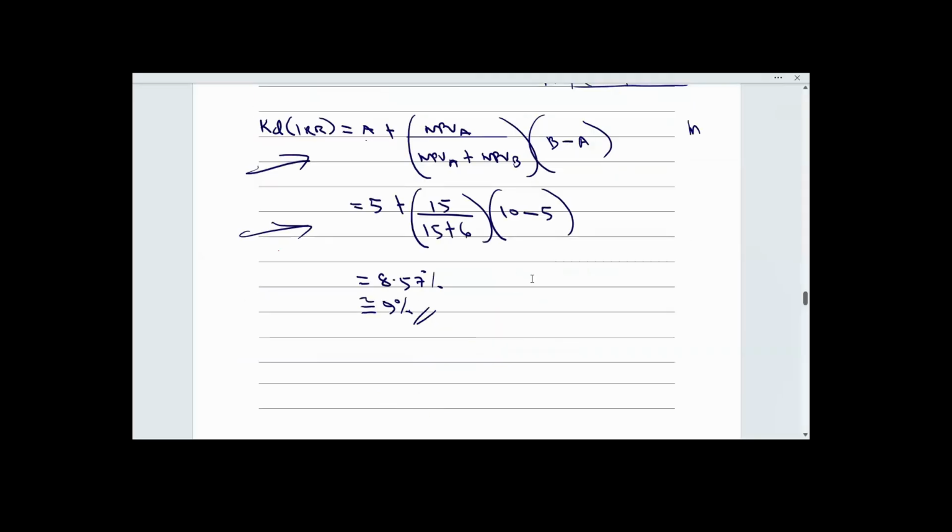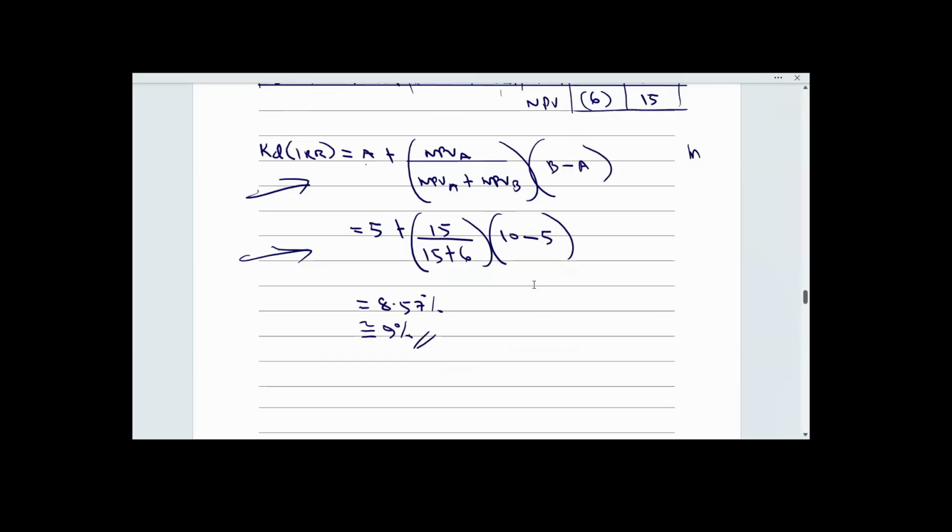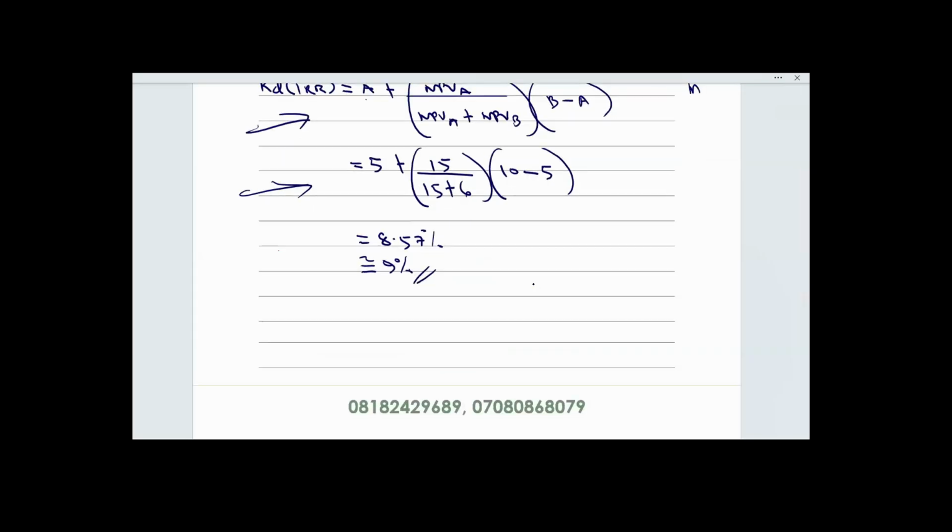Now, the original formula for internal rate of return is: IRR is computed as the lower discount rate plus NPV of the lower discount rate divided by NPV of the lower discount rate minus NPV of the higher discount rate, all multiplied by higher discount rate minus lower discount rate.